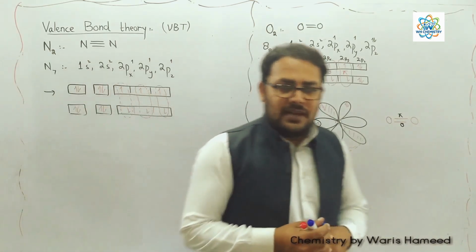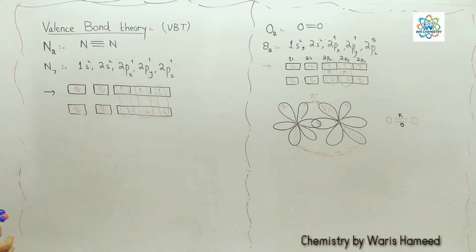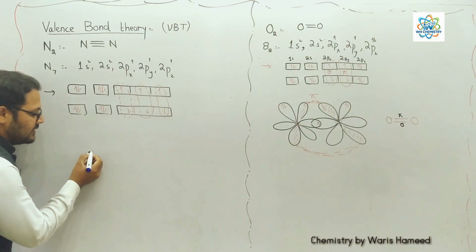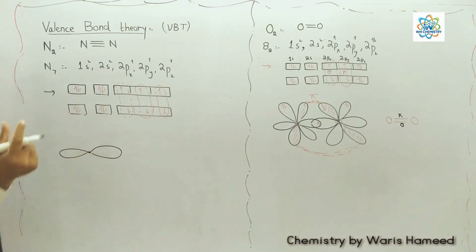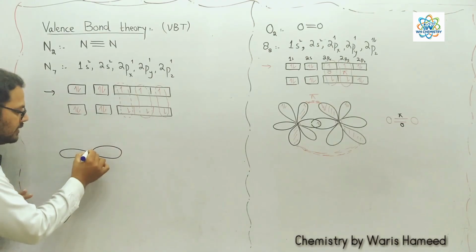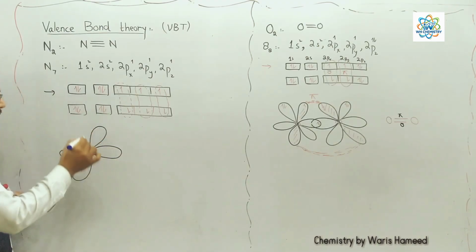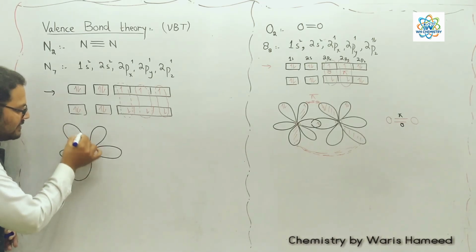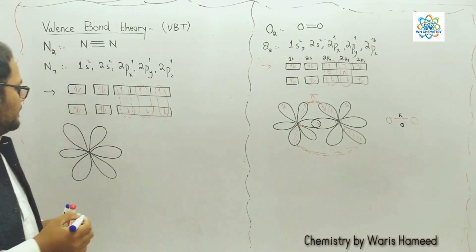Now its diagram: px is the orbital which is oriented along the x-axis. It's the px atomic orbital of one nitrogen atom. It's the py atomic orbital of the same nitrogen atom, and it's the pz of the same nitrogen atom.